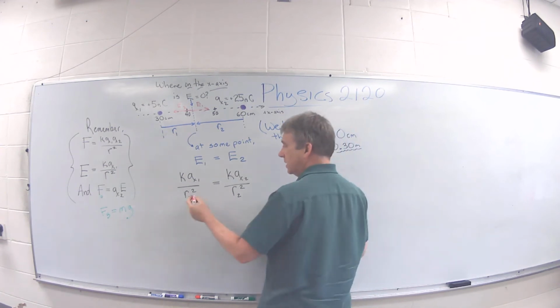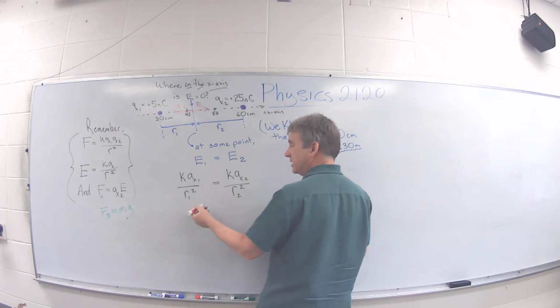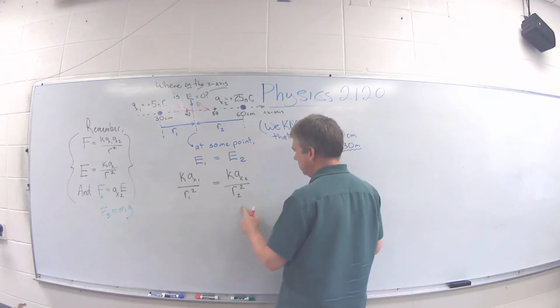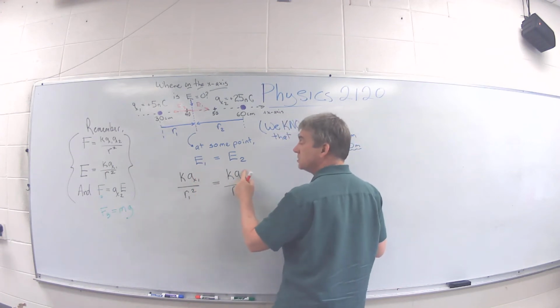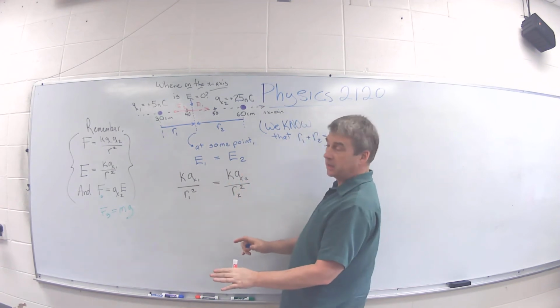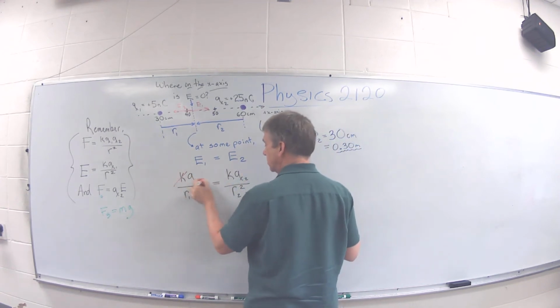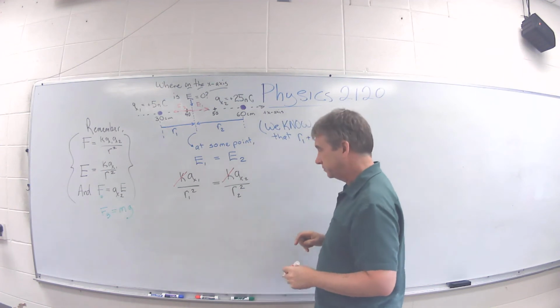Well, you can see that if it's on both sides, it's going to cancel out. The radiuses are different. They don't cancel out. The charges are different. Q1, Q2, they're not going to cancel out. But this constant goes away.